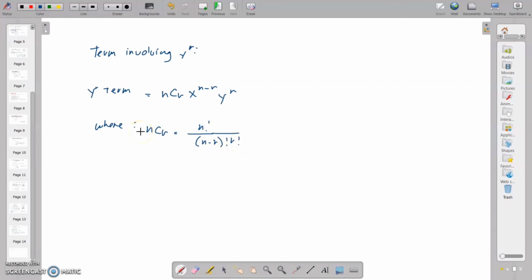For example, using this formula: find the term involving x raised to 6 in (x squared plus y over x) raised to 12.